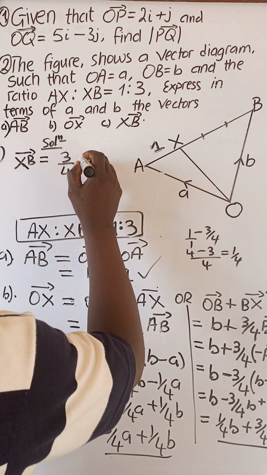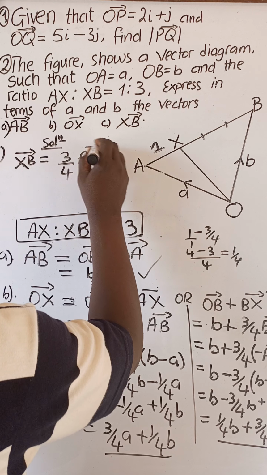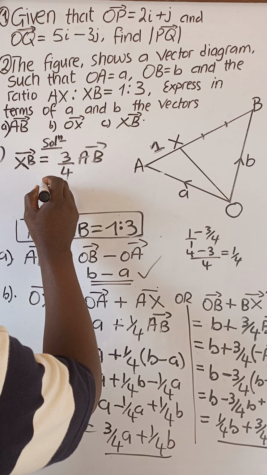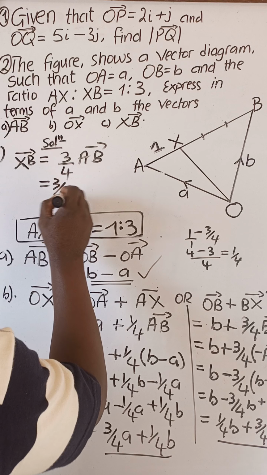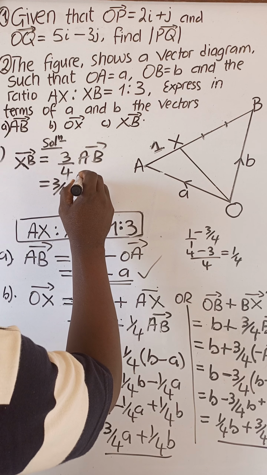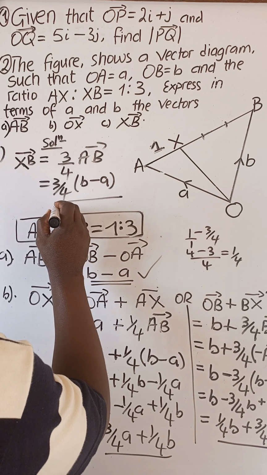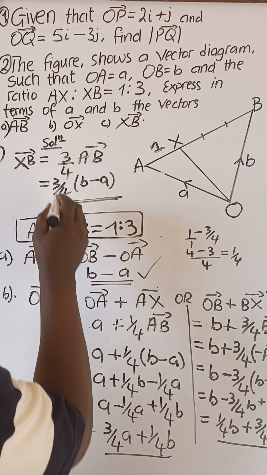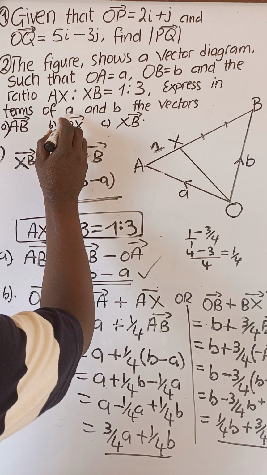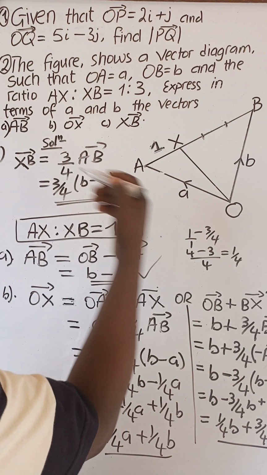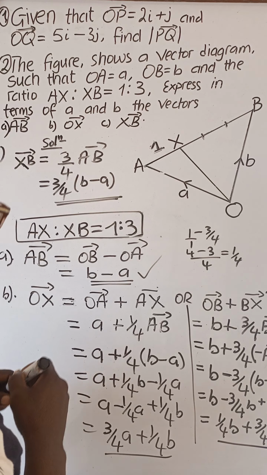XB is 3 out of 4 of AB. As simple as that. So this gives us 3 over 4 of AB. We already found AB. AB is small b minus A. And that's all about XB. Alright, we have succeeded to express XB in terms of small a and small b, just like all the other ones. Thank you.